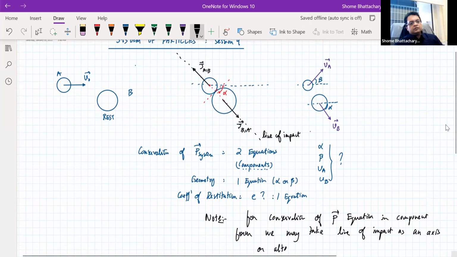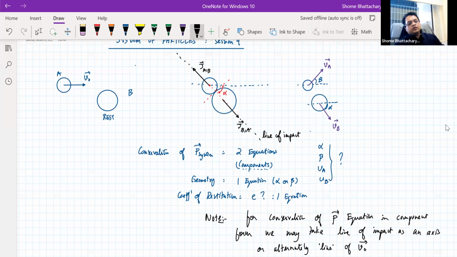Alternately, the line of the initial velocity vector v naught as an axis. It's really a matter of choice and a matter of convenience. That is what we'll understand in the upcoming questions, how to do this. So just get familiar with this general idea first.